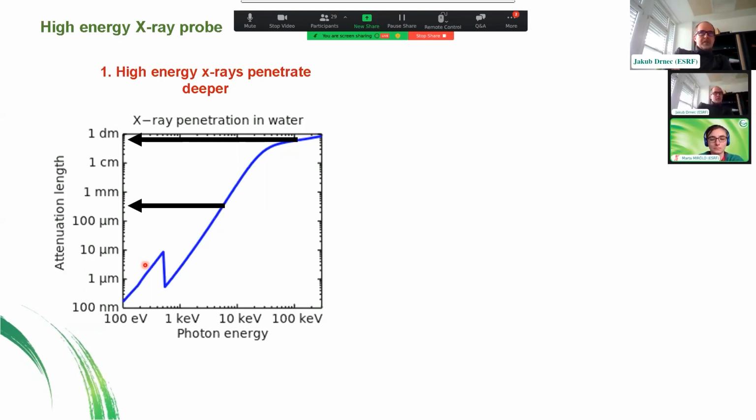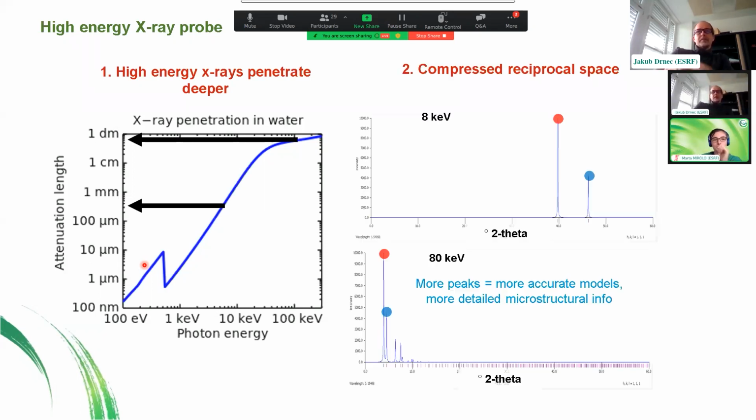So it's possible, but it's difficult to get to the same performance levels as the material would normally have in the real running battery, right? But with the high energy, you have enough energy that you can shine through a single cell or even a stack of batteries on the beamline, and you can probe, therefore, the whole volume of the cell.